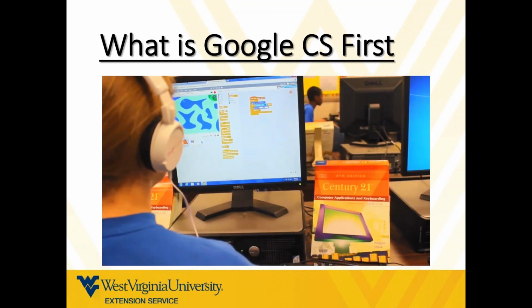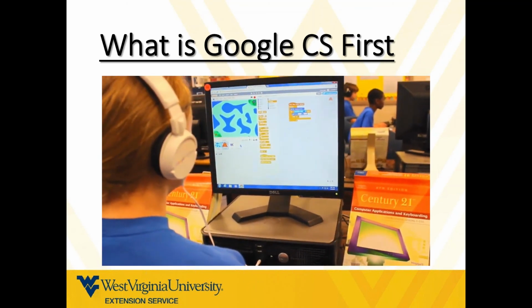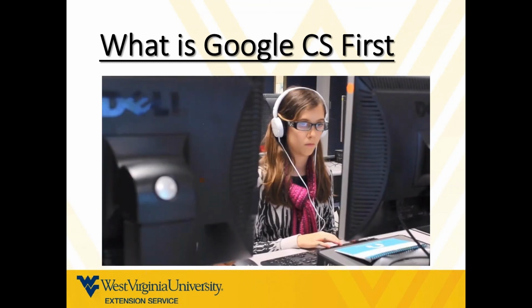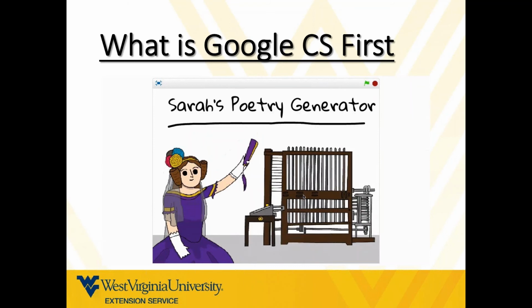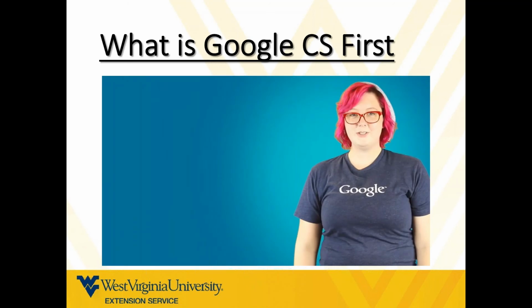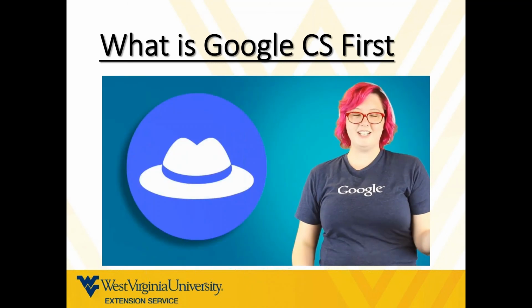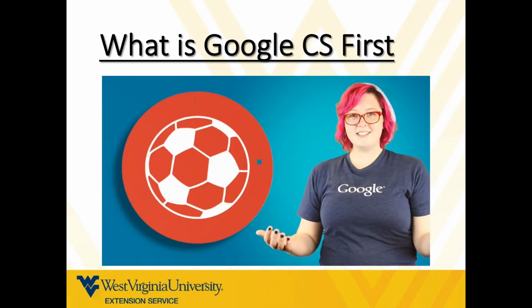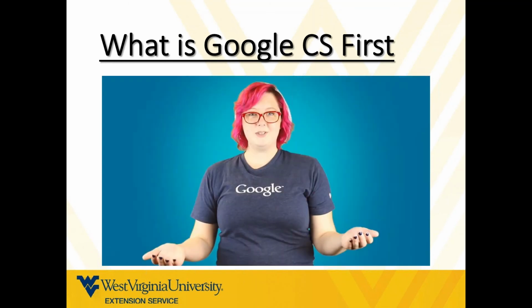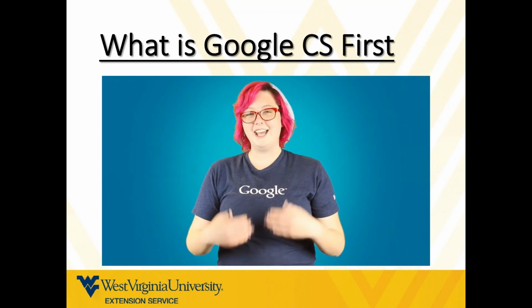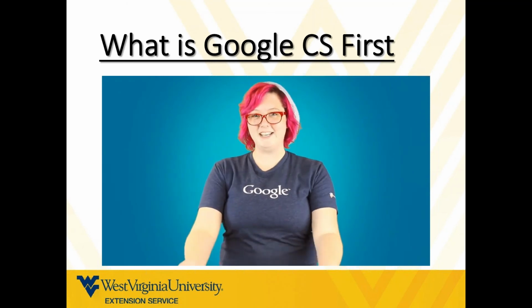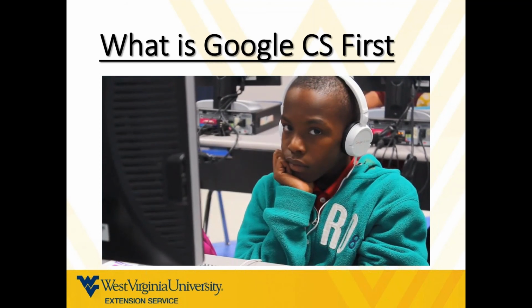The primary goal of Google CS First is to deliver a positive computer science experience to students. By watching CS First videos and creating projects, students get to create with computer science, and they come to understand how it impacts the world at large. Students build their own creative projects, like the ones you see here, with each CS First activity they complete. CS First uses club themes like fashion, video games, sports, and music to engage students who may not express initial interest in computer science and encourage them to participate.